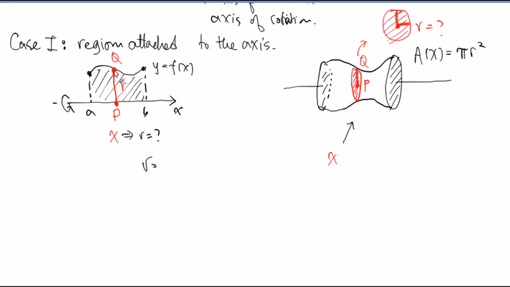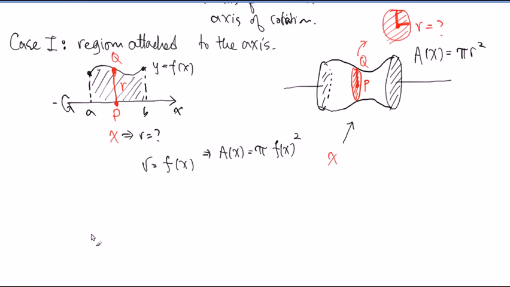So the top coordinate, f of x, right? Bottom coordinate, 0, because it's attached to the axis. So A of x here is pi times f of x, that r squared, right? What if this region was actually below the x-axis?